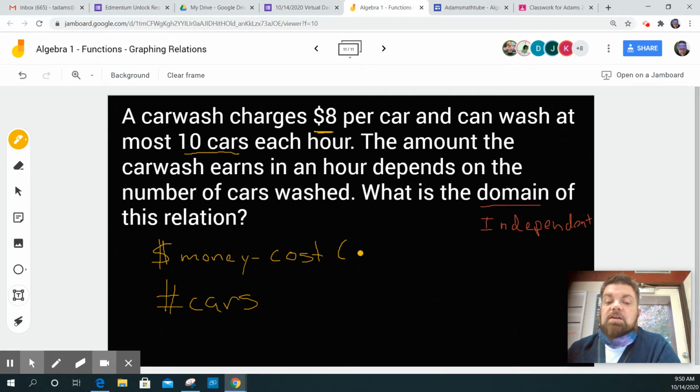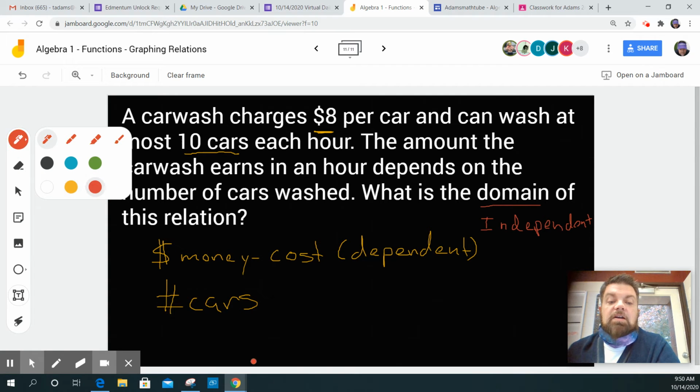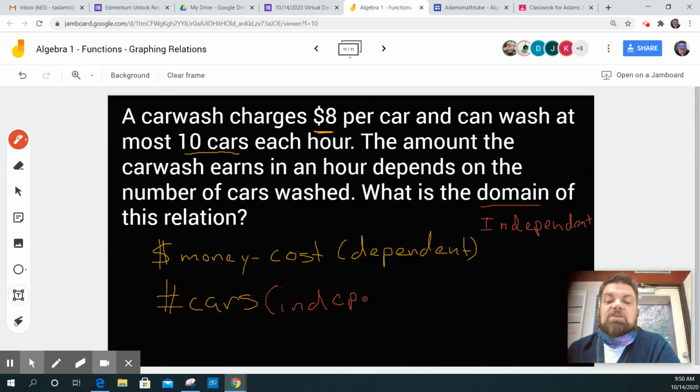The cost depends on the number of cars. So this is the dependent variable. So if that one's the dependent variable, what does that tell us about the cars? That's the independent one.